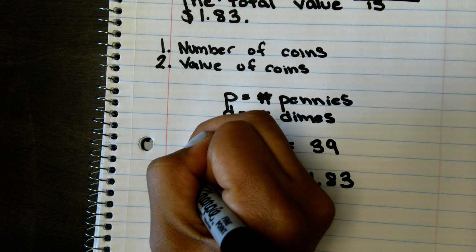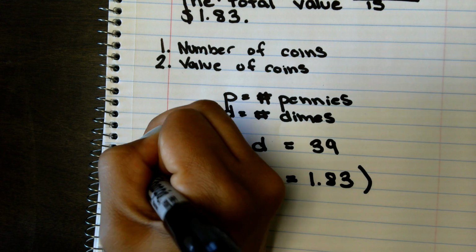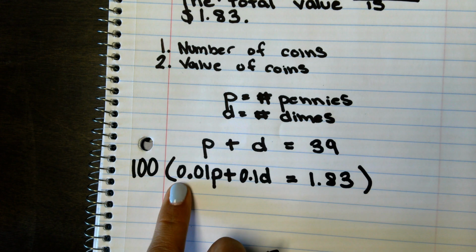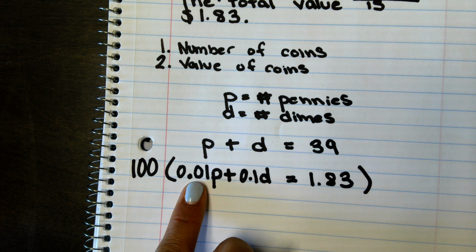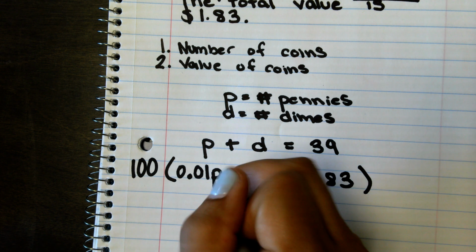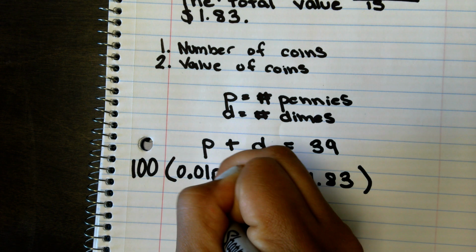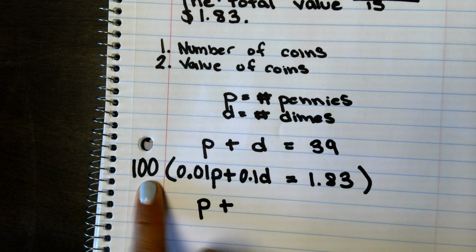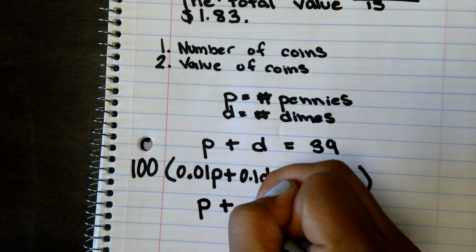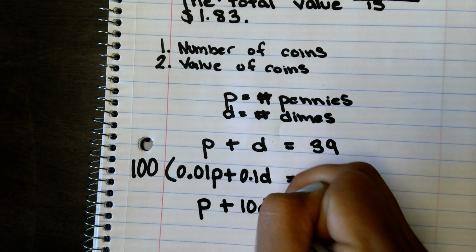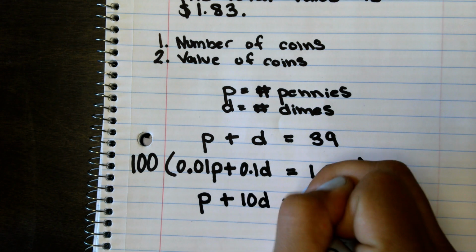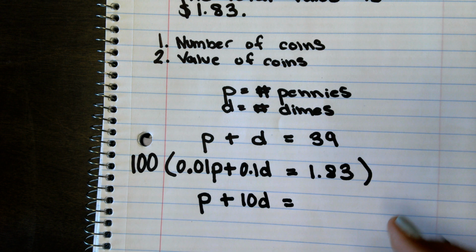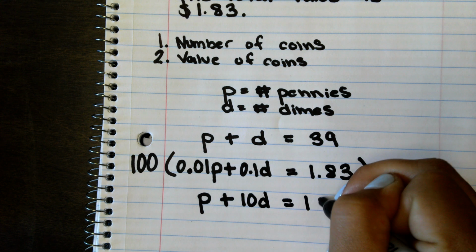So that means I'm going to multiply everything by 100, and here's what happens. So 100 times 0.01 would just be 1p, or just p, plus 100 times 0.1 would be 10d, equals 100 times 1.83, which would be 183.